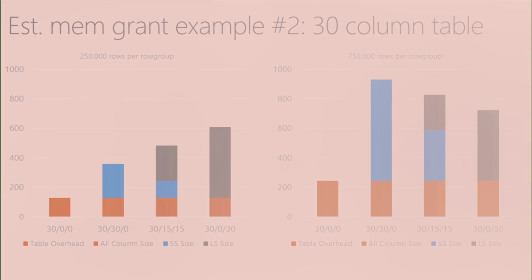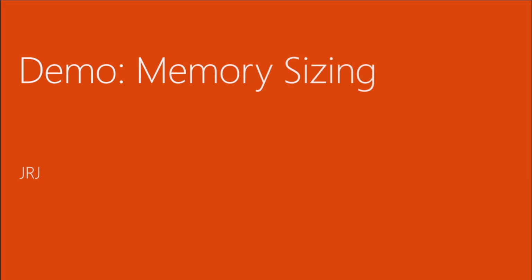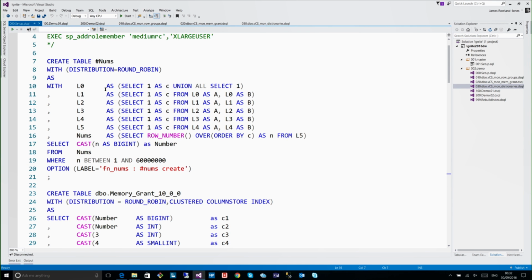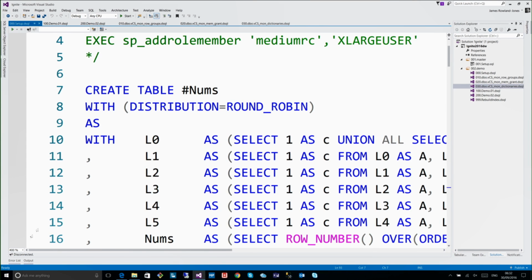Okay? Now, I'm going to switch over. Is it 7? And I'm going to try and show you a little bit of this kind of in action. So what we're doing here, hopefully, let's just see if I can create it even bigger. I've got some tables that I created.